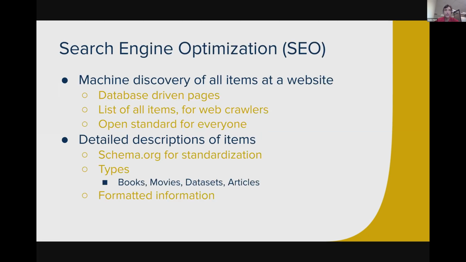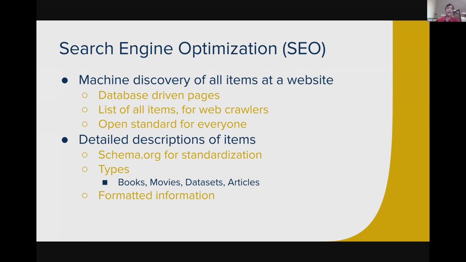So there are two major components of SEO. The first is to allow machines to discover all of the items that might exist at a website. And then a companion component of that is to allow better descriptions of each one of those items. So it's important to tell a machine all of the items that might exist, because if it's driven by a database like Primo, it's very hard to browse and discover all of the pages.